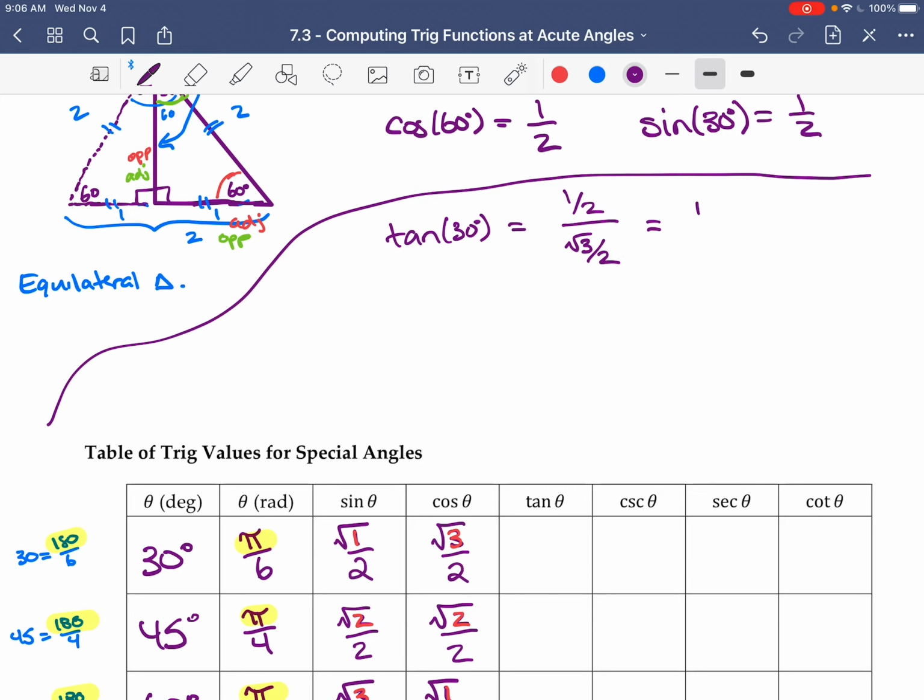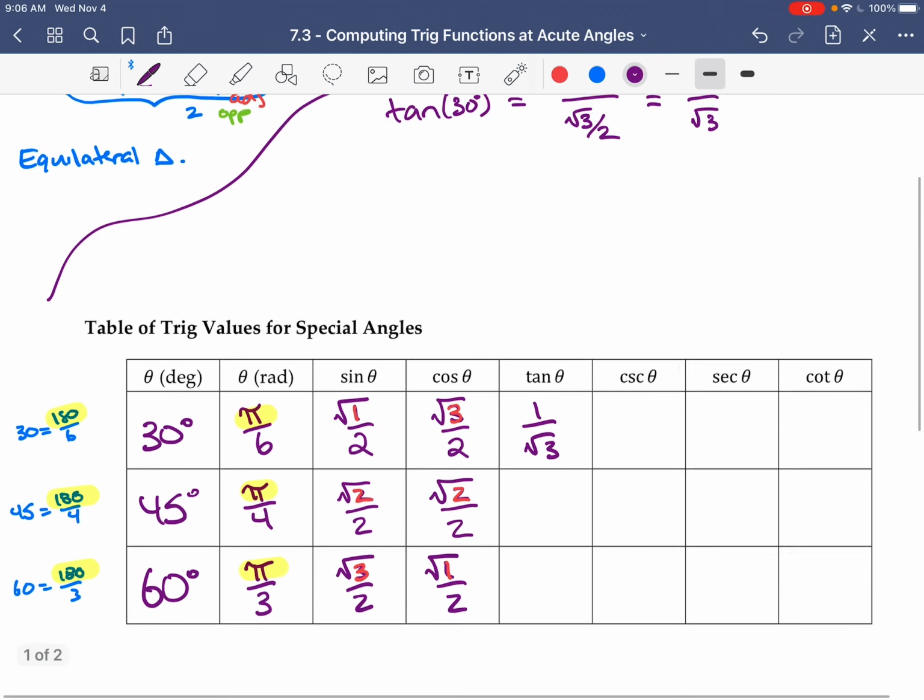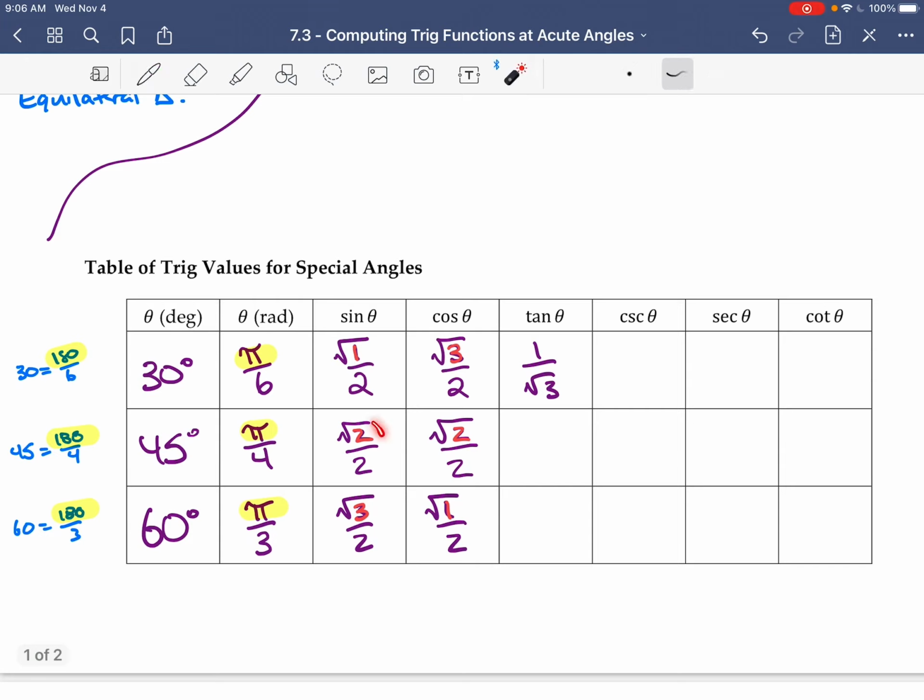So the 1/2s cancel, so this is 1 over root 3. For 45, I'm taking this thing divided by this thing, so that's going to be just 1, because they're the same. And then when I do this one divided by this one, it's just this thing flipped over. So this one's going to be square root of 3.